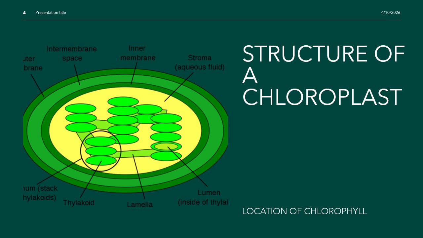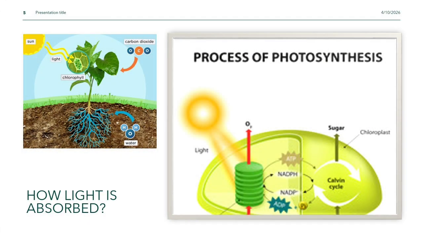In this structure, we find a green pigment called chlorophyll, and it is found in the membrane of the thylakoid. This chlorophyll plays a big role in light absorption.